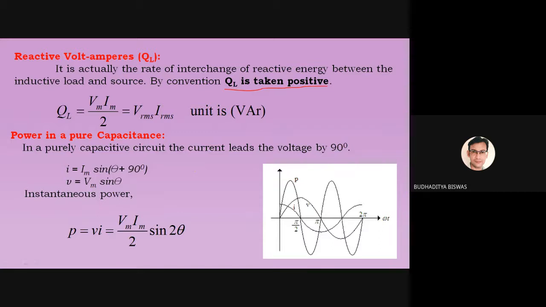In the positive half, it actually consumes energy and stores the energy in electromagnetic form. But in the negative half, the stored energy is released and returned back to the source. That's why the inductor stores energy in the positive half and releases energy in the negative half.